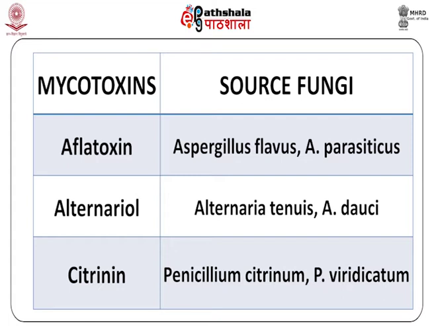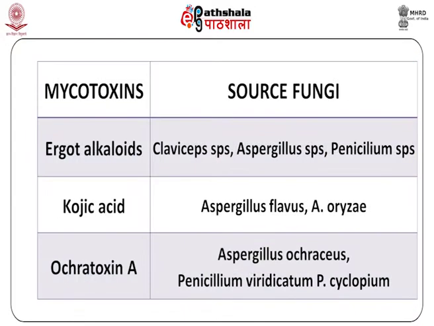The source is Alternaria tenuis or A. dauci. Next mycotoxin is citrinin and the source is Penicillium citrinum and P. viridicatum. Next mycotoxin is ergot alkaloids and the source is Claviceps species, Aspergillus species and Penicillium species.